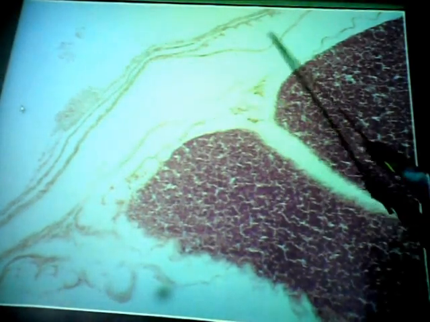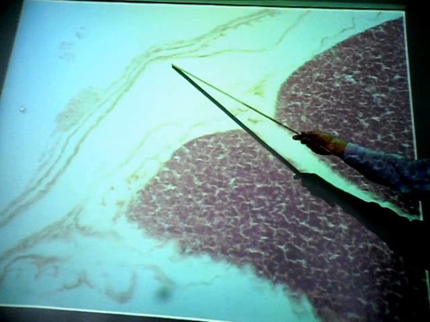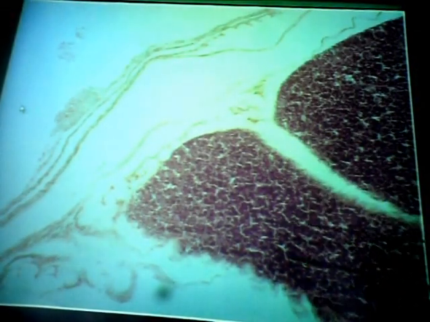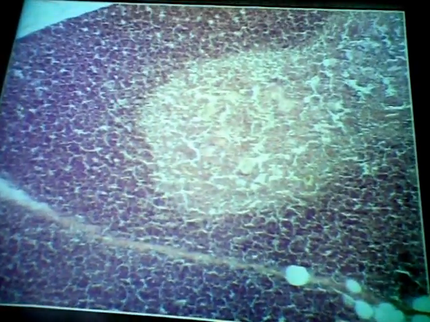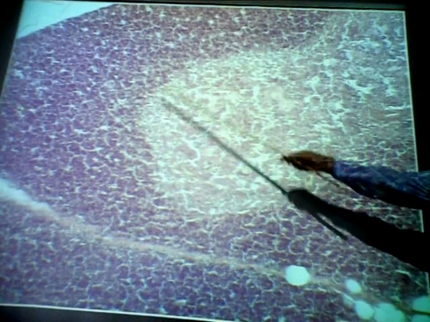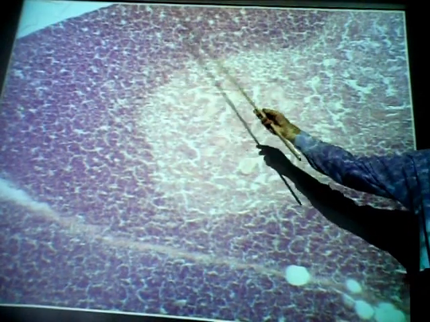Okay, here's a section through the thymus. Again, like the other organs, we see this connective tissue membrane out here. What is it? Capsule. The capsule again. Okay? Now the thymus is divided into regions. What are these called? Those are lobules. In the lobules, you can see two distinct portions. The outer darker stained portion, which you see here, is called the cortex.